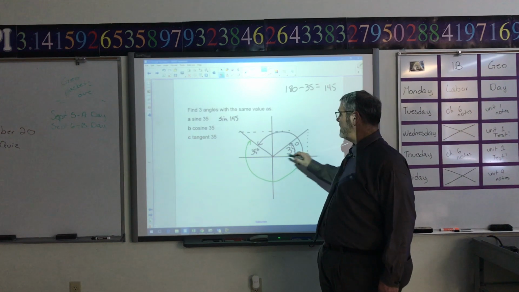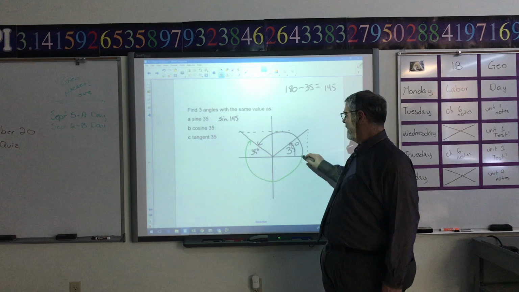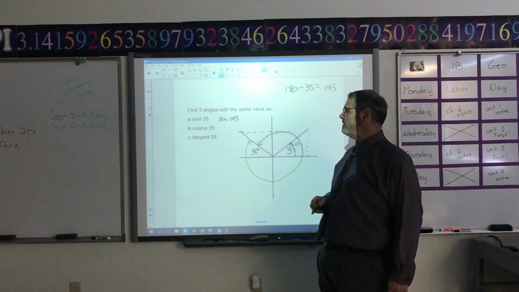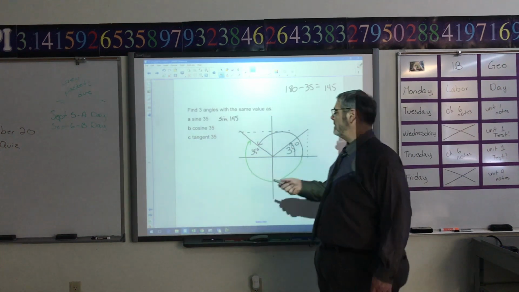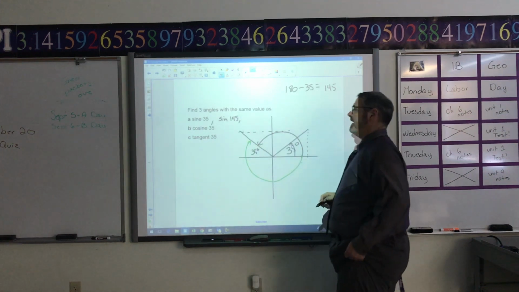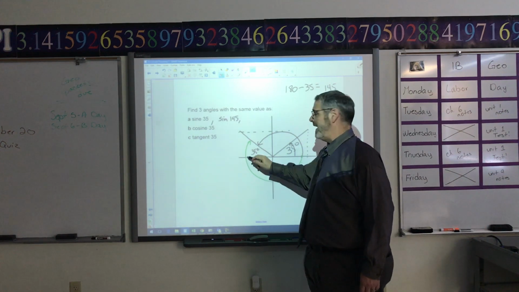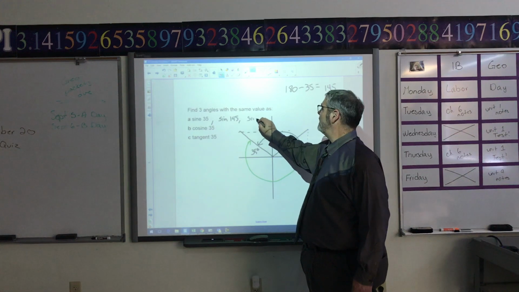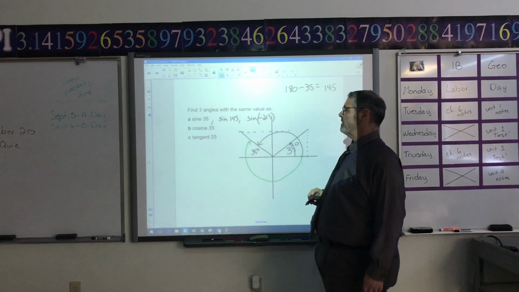So to get from here all the way to here, that's going to be negative 180 plus 35. So the next angle that is going to give you the same value as the sine of 35 and the sine of 145 is going to be the sine of negative 215. That's going to give me the same value.